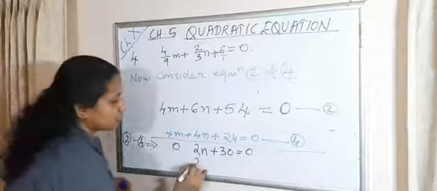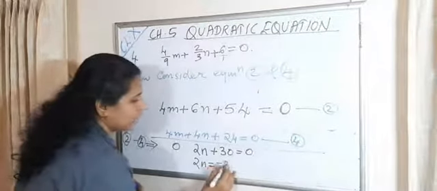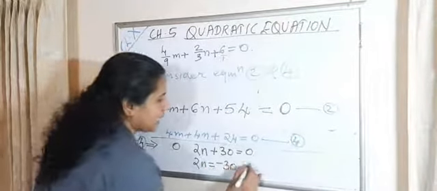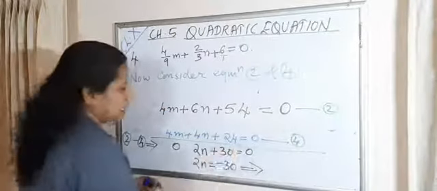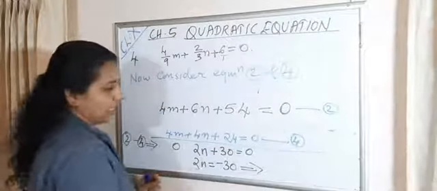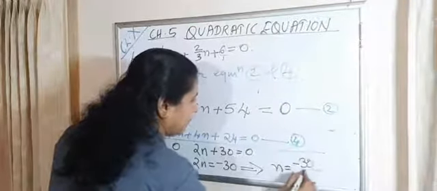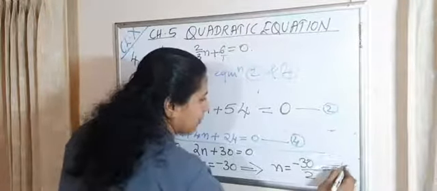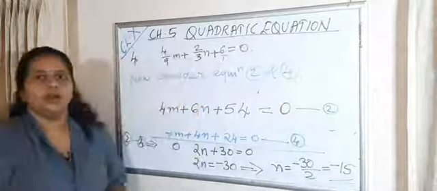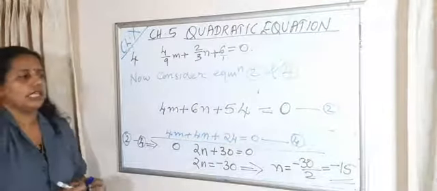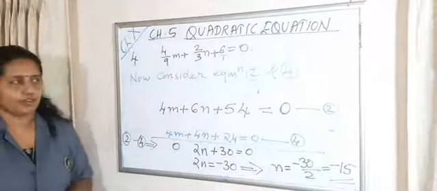That is 2n is equal to negative 30. Transpose this 30 to the RHS side, that is 2n is equal to negative 30, n is equal to negative 30 by 2, which is negative 15. Now you got the value of n, that is negative 15.